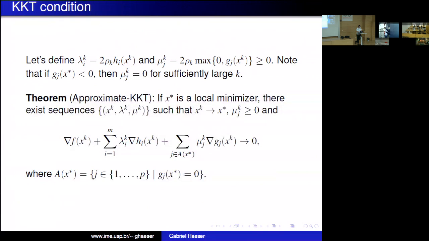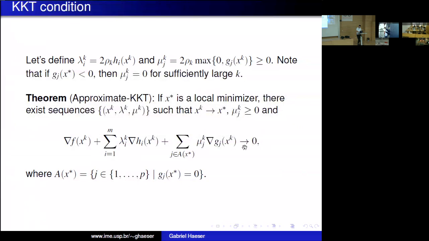So what we proved is the following theorem called the approximate KKT theorem. If x star is a local solution, a local minimizer of the original problem, we were able to find sequences xk, lambda k, and mu k, such that xk converges to x star, mu k is non-negative. I don't know if lambda k or mu k converge, I don't know.